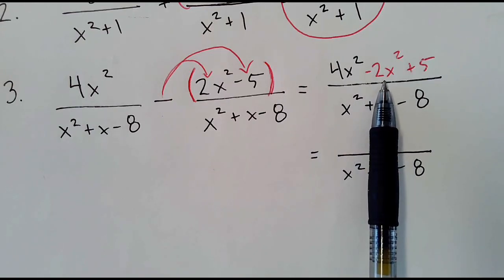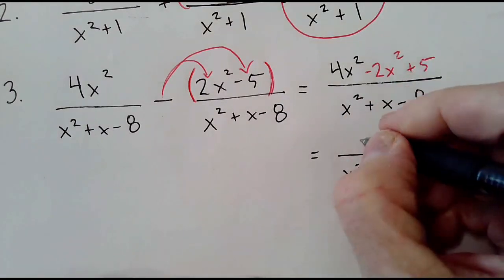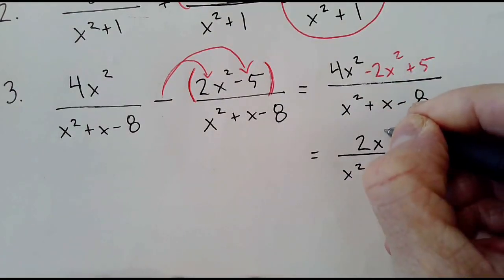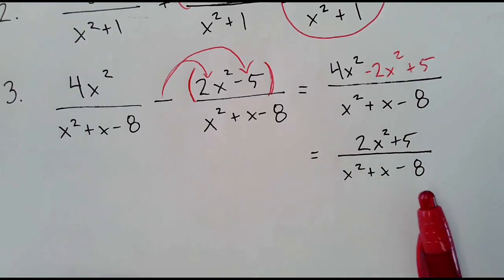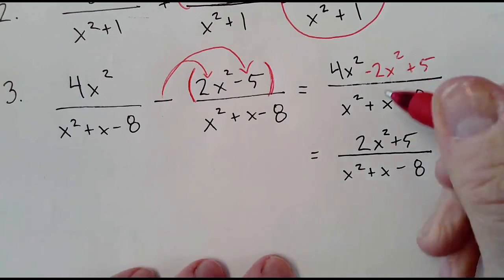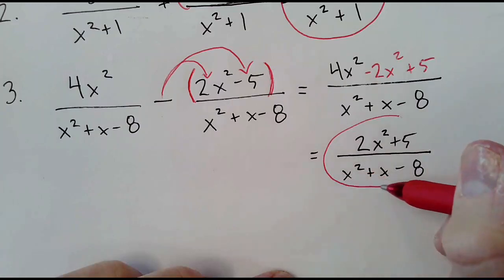What's that? Yeah, 2x squared, and then plus our 5. Can we factor the top or the bottom? No. Nope, so then therefore that's our answer. If we could and we had matching factors, we could cancel, but we don't, so we don't.